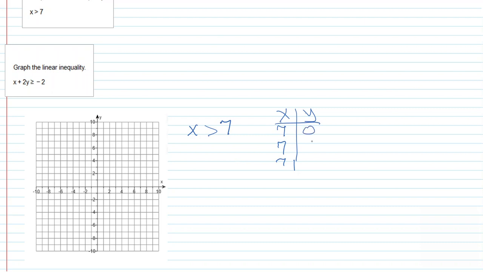So I can put 0, -4, doesn't matter, and 1. There you go. I'm going to go 7, 0. It's right there. Then I'm going to go 7, -4, and it is right here. Then I'm going to go 7 and 1, and it's right there.